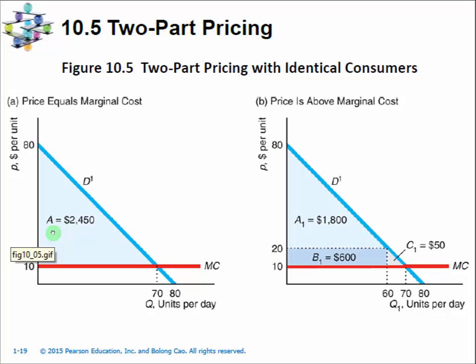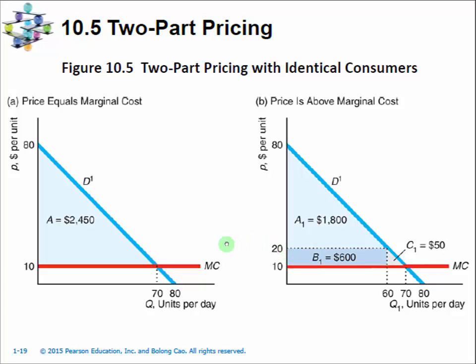We have 2450. So that will be the producer surplus. This is the area below the demand curve and above the marginal cost curve. Under perfect competition, this will be the consumer surplus. But when we are doing this two-part pricing, we extract the complete consumer surplus. Now this area A becomes the producer surplus.